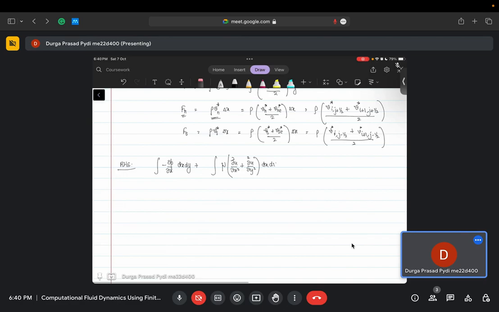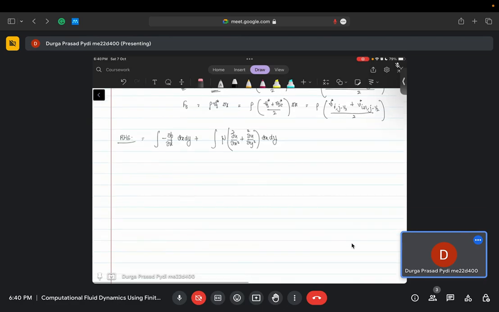So this will be delta y times minus delta p, which, if you assume a linear profile, will be p east minus p current P. Then you have this mu times del u del x on the east face.